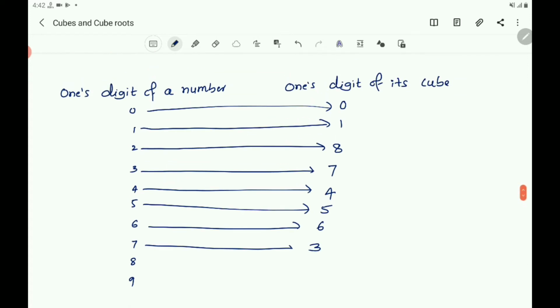See here, vice versa it is for 3 and 7. If a number has 3 in the unit place, its cube has 7 in the unit place. If a number has 7 in the unit place, its cube has 3 in the unit place.